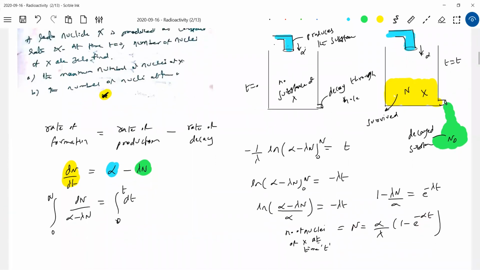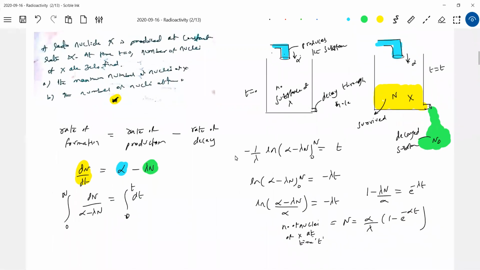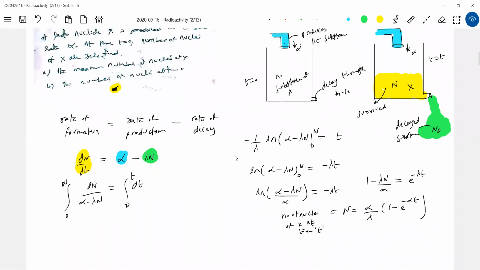This is the number of nuclei of X at any time t. So what will N max be? And how will it vary?